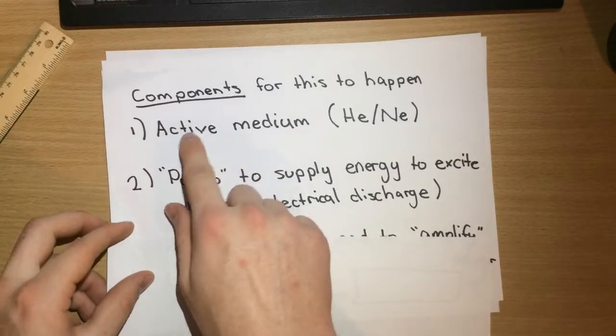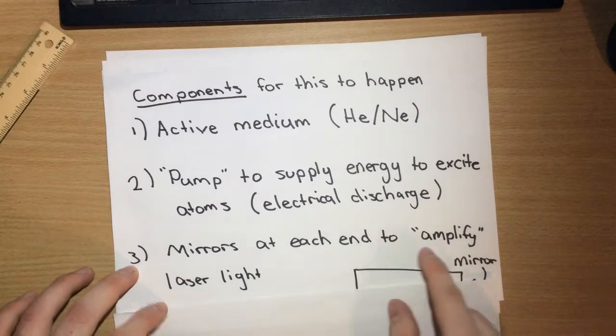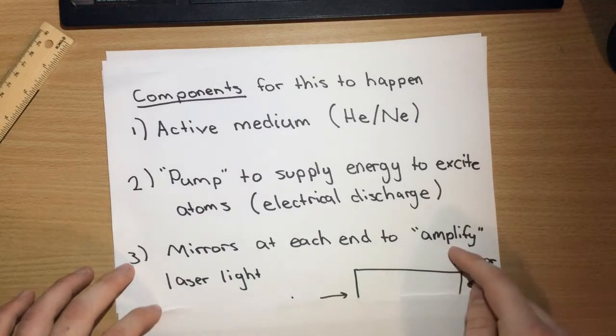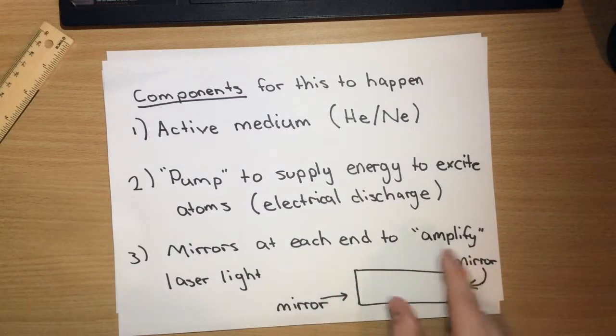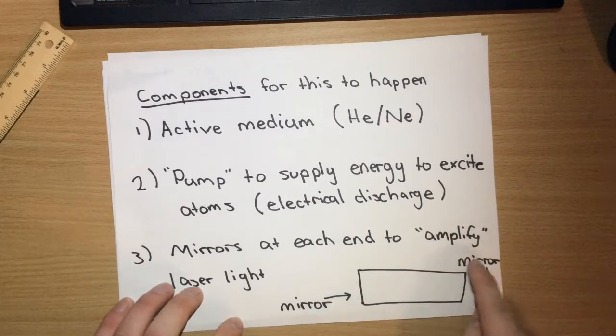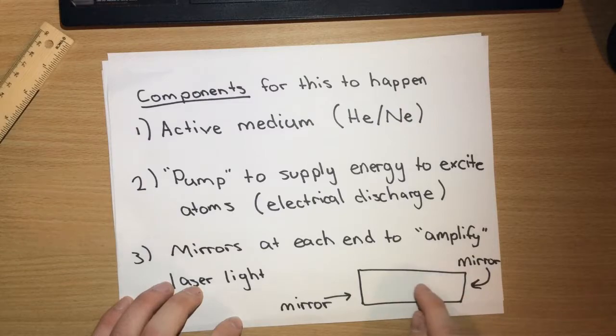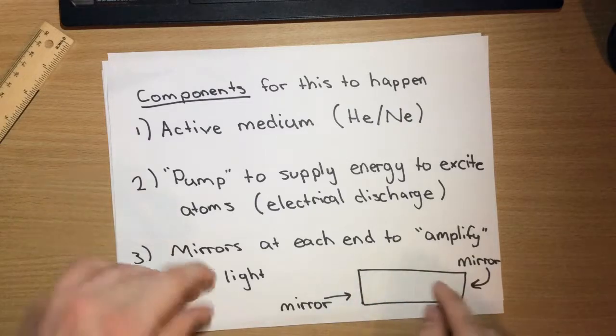So we need an active medium, a pump, and third of all, we need mirrors at each end of our laser to amplify the laser light. If this is our laser here, we'd have mirrors at each end. So our red light would be produced, hit one side, be reflected, and go either side.